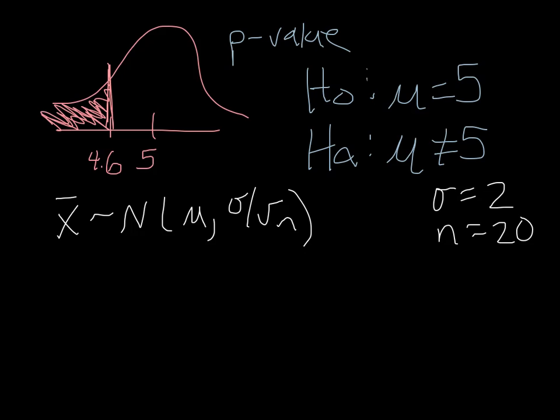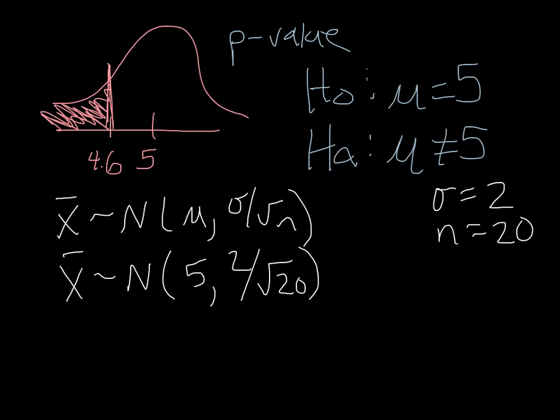So that means that in my example, the distribution of the sample means would be normal, 5, which is the middle, 2 over square root of 20. Okay? So that could simplify, you could pull out a 2 and say it's 1 over square root of 5 if you wanted to. But this is, in fact, the distribution.